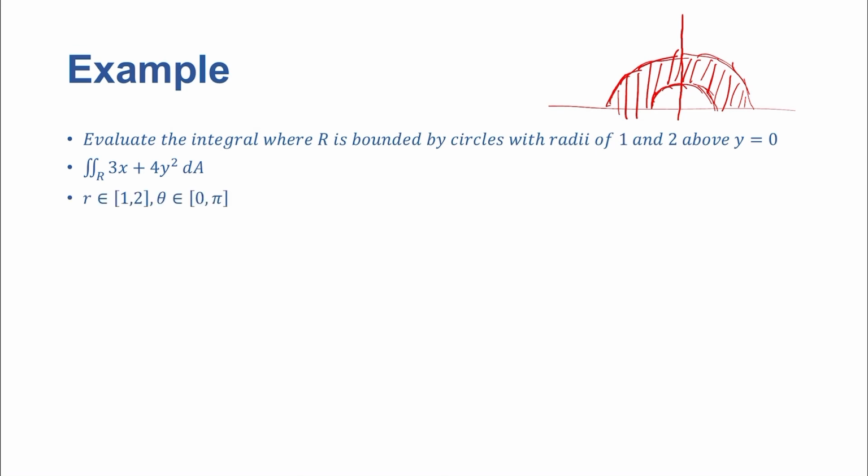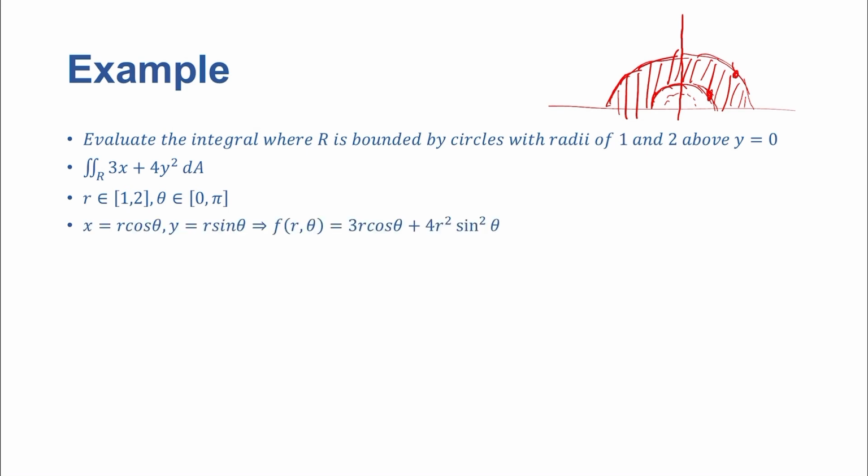So if we look at this, we can see that our radius would be between 1 and 2. We're going between radius of 1 here and radius of 2 there. And then theta, because we're dealing with a half semicircle, theta is going to sweep out between 0 and pi. So r is between 1 and 2, and theta is between 0 and pi.